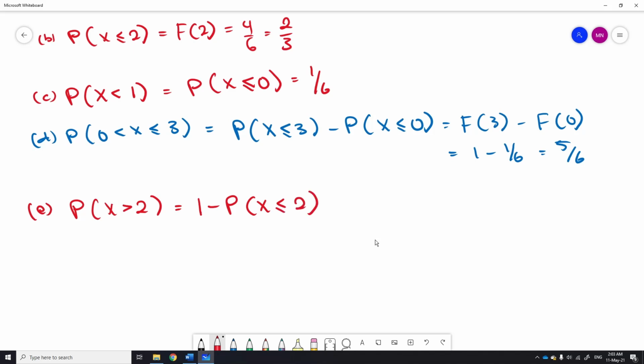They want x bigger than 2, so we take 1 minus probability x less than or equal to 2, which means we have the opposite of that. So 1 minus f2, so 1 minus 2 over 3, and it becomes 1 over 3.